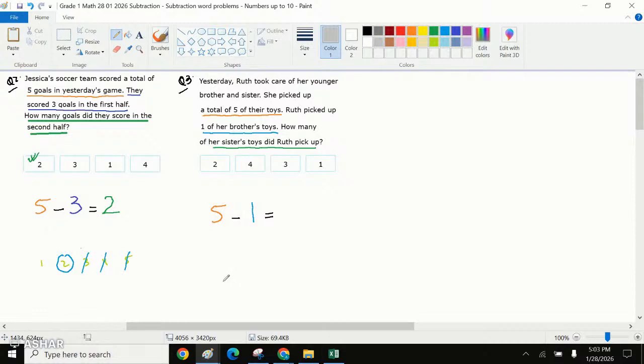So the total was 5. We can write down the numbers 1, 2, 3, 4, and 5. Out of these 5, one belonged to her brother. The remaining belonged to her sister. That means 5 minus 1 equals 4. That means her sister had 4 toys that Ruth had to pick up, right? Okay, do we agree over here?